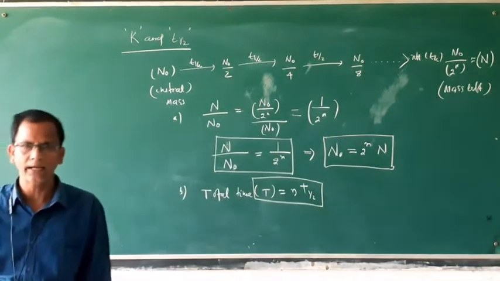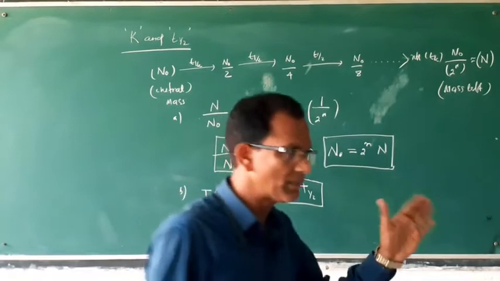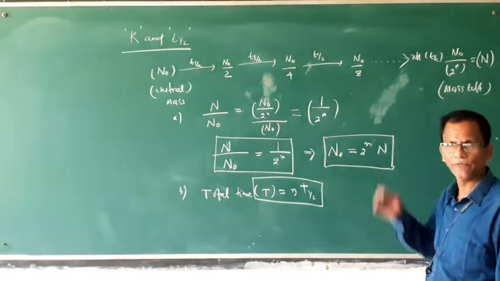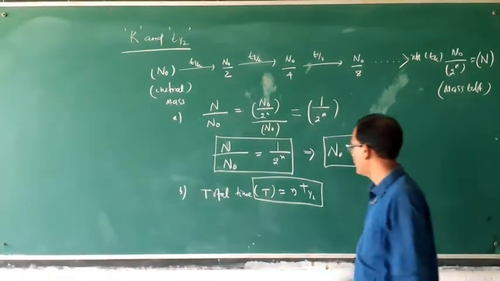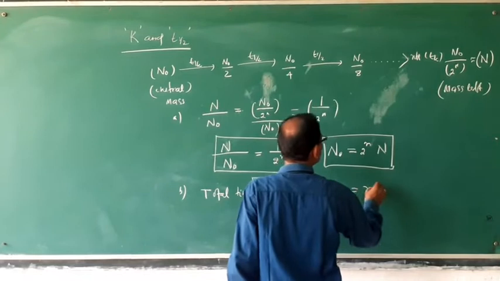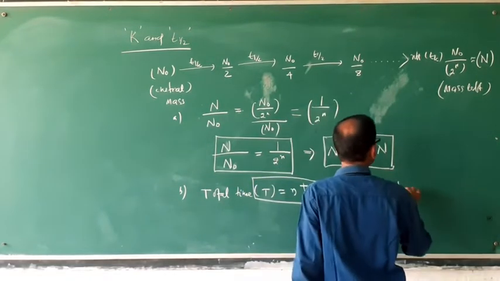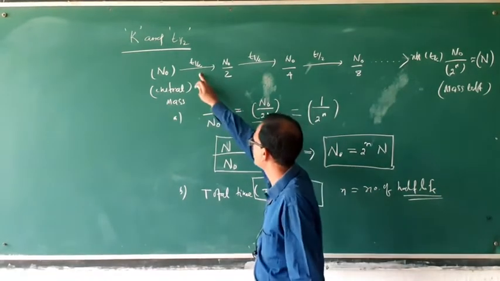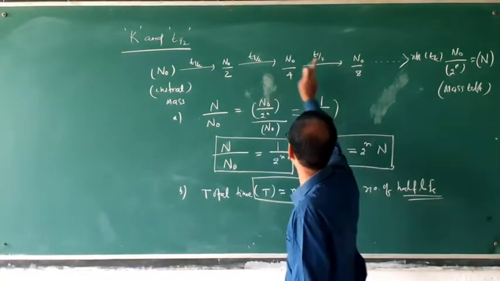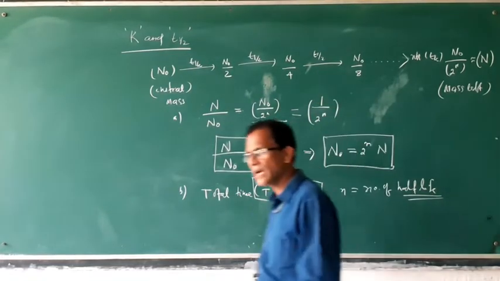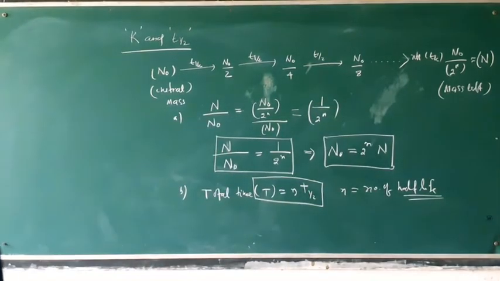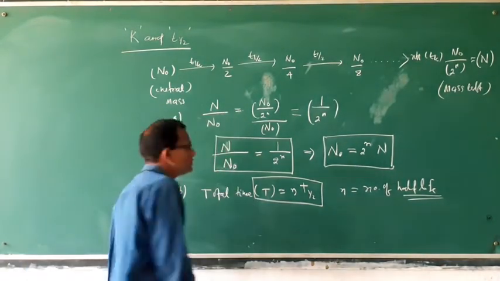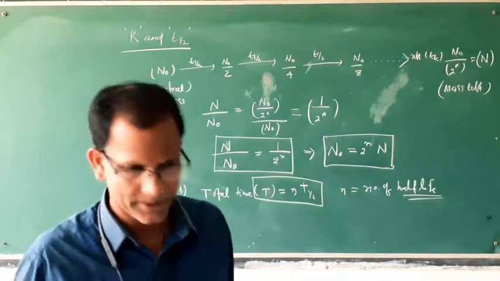This is the total time taken from the initial mass to the mass left, if the consumption is taken for each half-life. Here n is the number of half-lives: first half-life, second half-life, third half-life, like this. So this is a new formula for the calculation of initial mass and mass left.